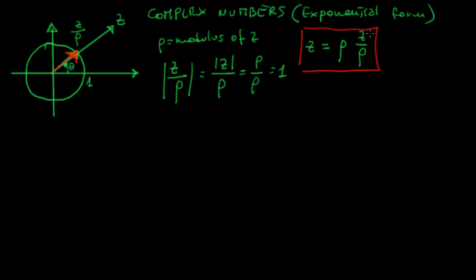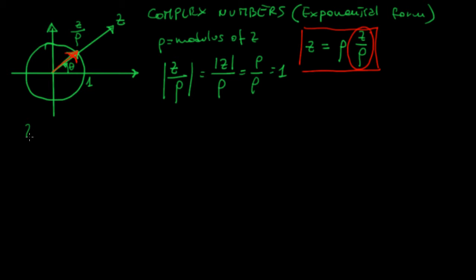Because we want now to focus on this part of the expression, a complex number with modulus 1. And we know that each complex number can be mapped by this expression into a complex number with modulus 1.